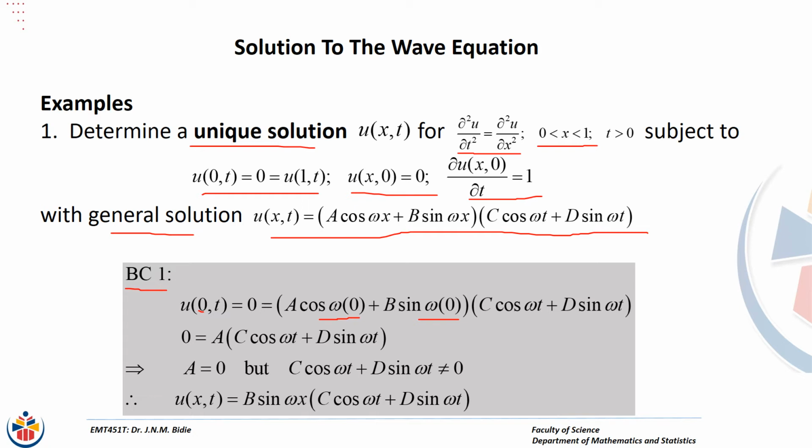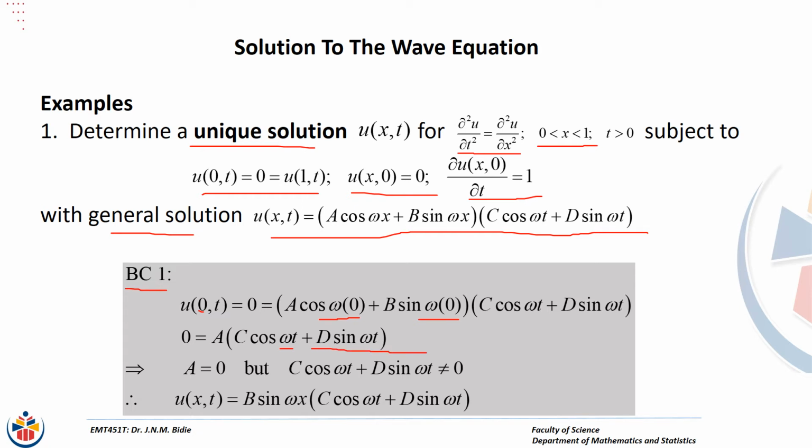We go back to the first bracket. Cos of 0 we know is 1. Sine of 0 we know is 0. So in the first bracket, you'll only have a times 1 after simplification, and then you still have the second bracket.